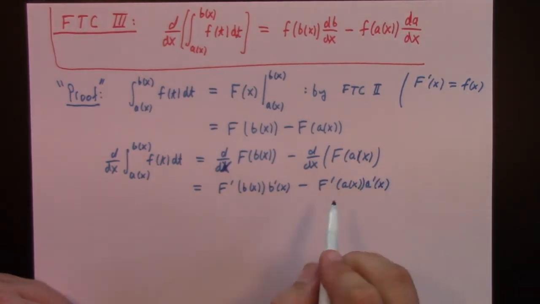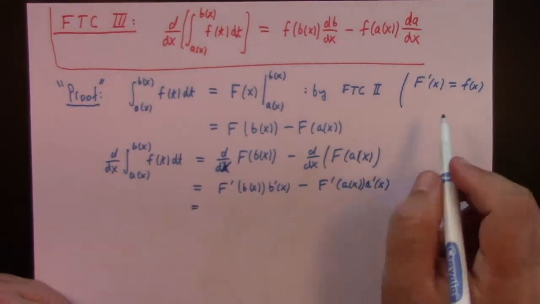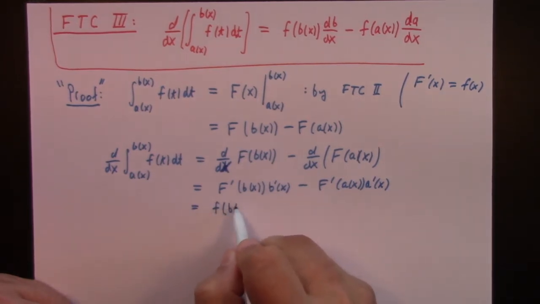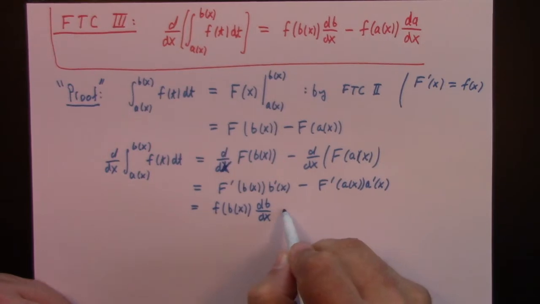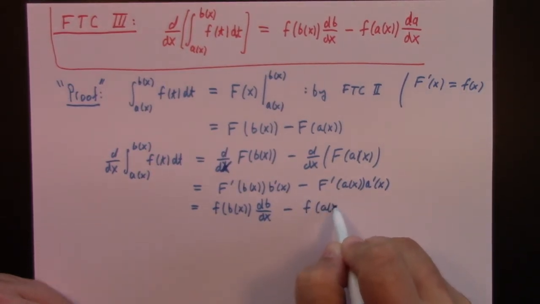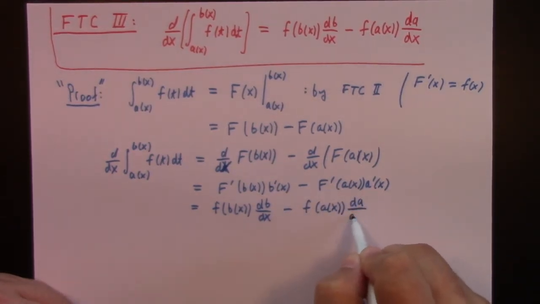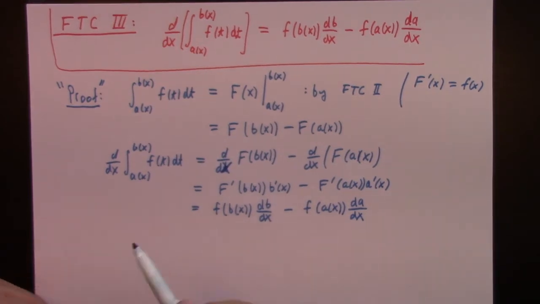But F prime is little f, so that's little f of b(x), and b prime is db/dx. I'll just write it in the other notation. Minus f of a(x) times da/dx, getting rid of the primes. And there it is. That's exactly the claim of FTC3.